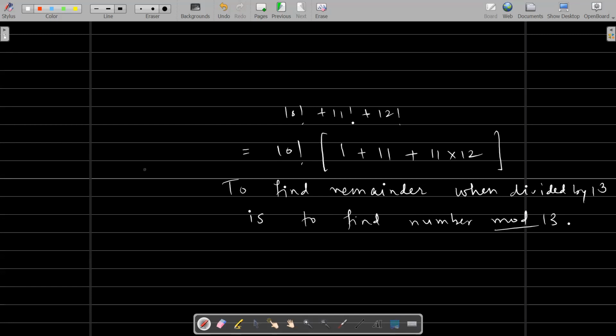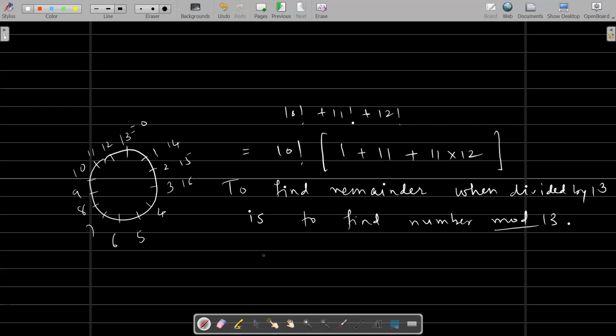Agree with that? So essentially I have to work modulo 13. Modulo 13 means it's as if we have a 13-hour clock with numbers 1, 2, 3, 4 up to 12, and 13 is as good as 0. 14 is again like 1, 15 is 2, 16 is 3, and so on.